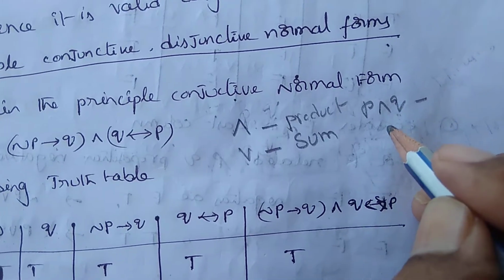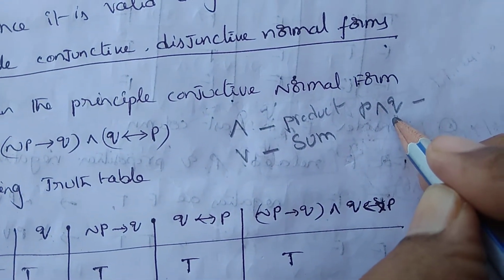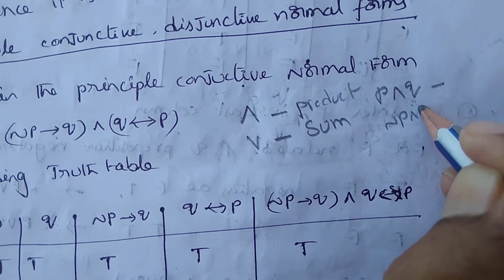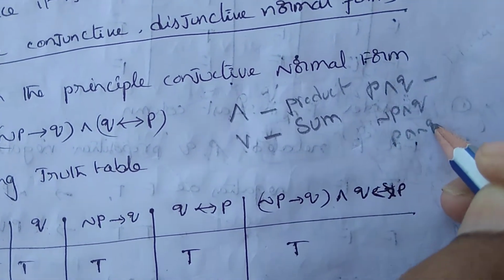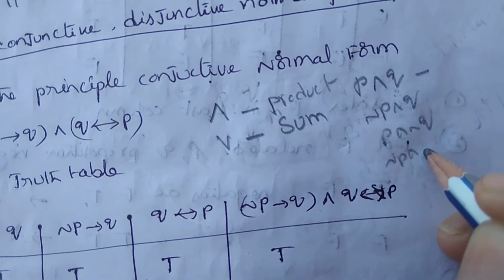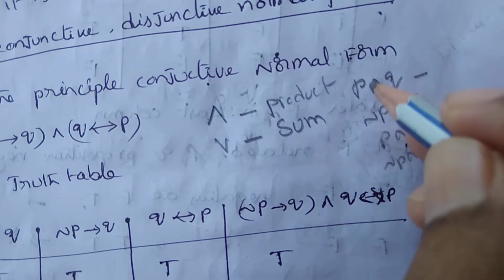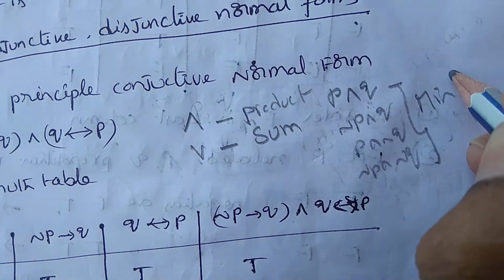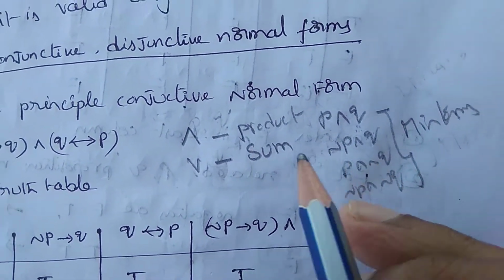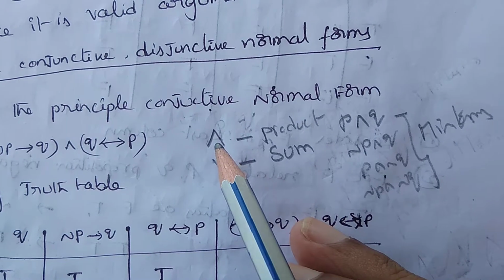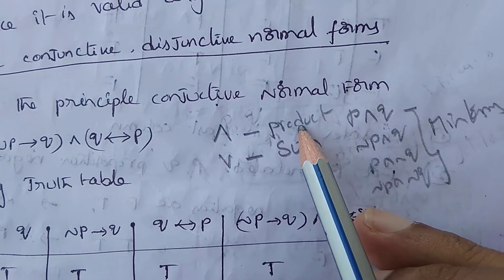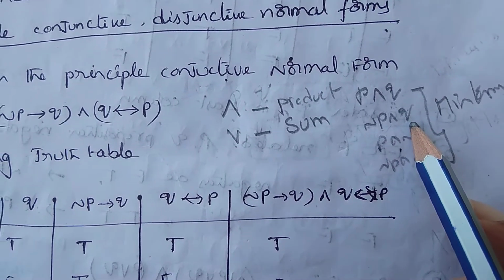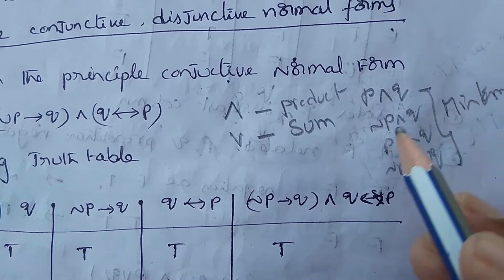For all the truth values of P and Q, negation P and Q, P and negation Q, negation P and negation Q. If you get terms like these, these are all called min terms. So AND is called product. Using this symbol, if two propositions are there, those are called min terms.